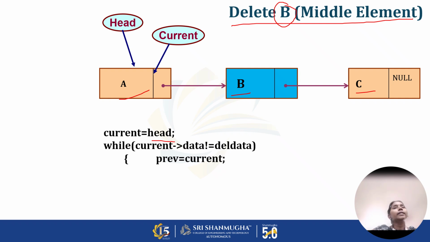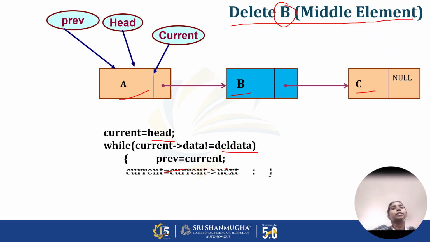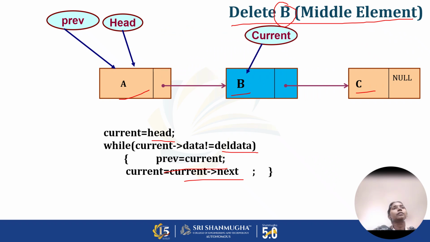While current data is not del data, previous is current and current is next. So this is the current data, and we have to delete the B element only.